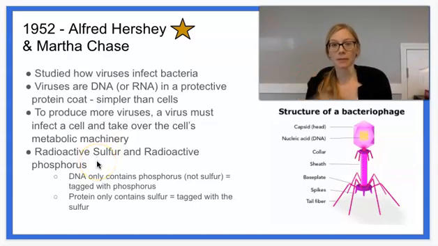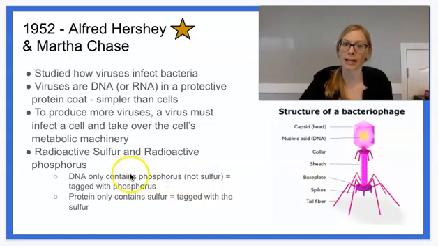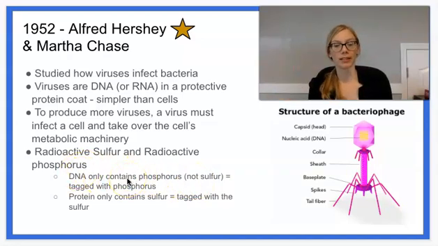So some things to think about here. DNA only contains phosphorus. It does not contain sulfur. So when we label something with radioactive phosphorus, it would show up in the DNA, but it wouldn't tag the DNA if we add radioactive sulfur. Proteins, on the other hand, only contain sulfur. They do not really contain phosphorus.